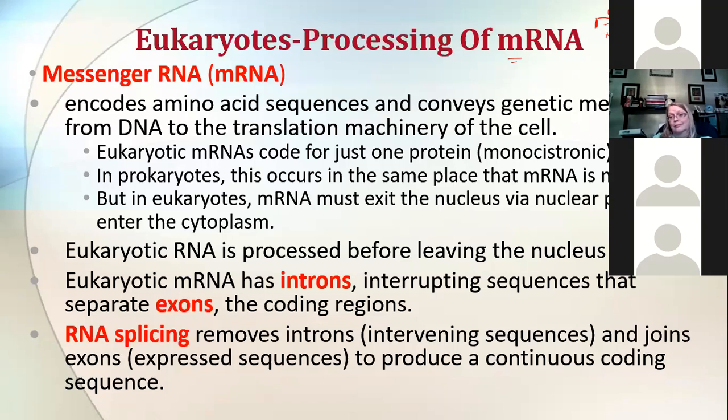To avoid that, what the cell does, if we have three regions, so this is coding, this is non-coding, and this is again coding, and we need both these two regions, the cell cuts out this portion from the coding sequence. First it separates the whole segment into three segments, and then it adds both the coding sequences together.